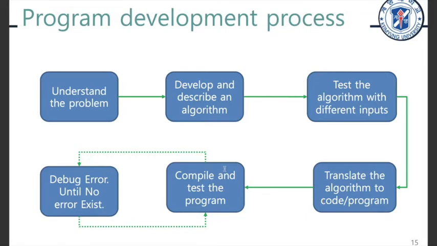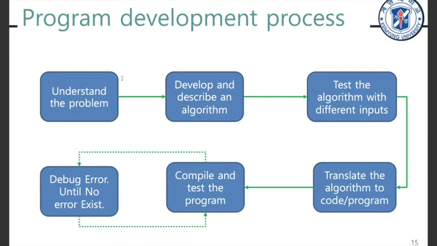Then we compile that program and see if there is an error. And if there is an error, we debug that program and continue to develop it until the program becomes error-free, and that program or software or application will be used by humans.